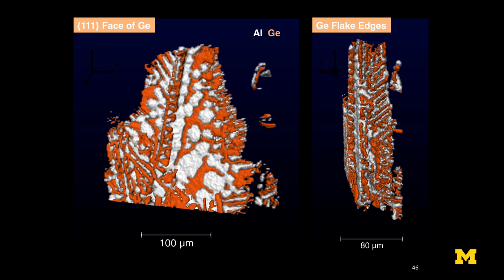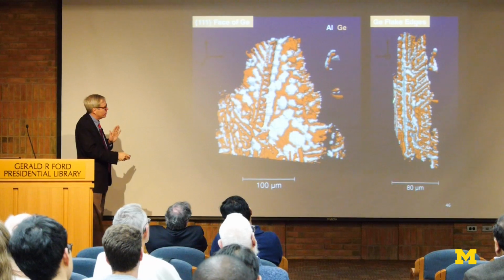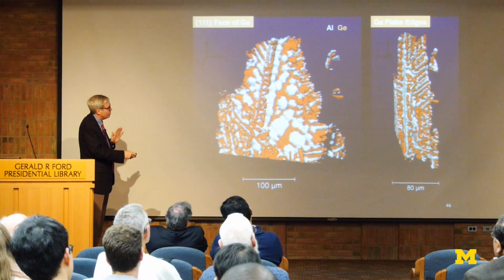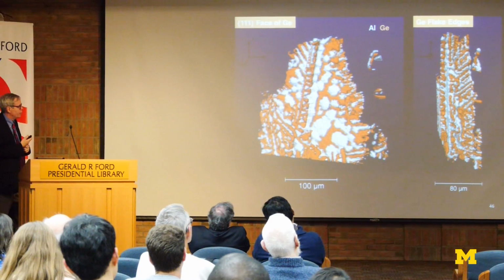So what happens here is you have a twin that forms, and this twin then allows another germanium plate to grow out at an angle. And so that's how this plate actually extends its size. It doesn't extend laterally by actually growing the germanium. It actually extends laterally by forming these fin-like structures in the material.